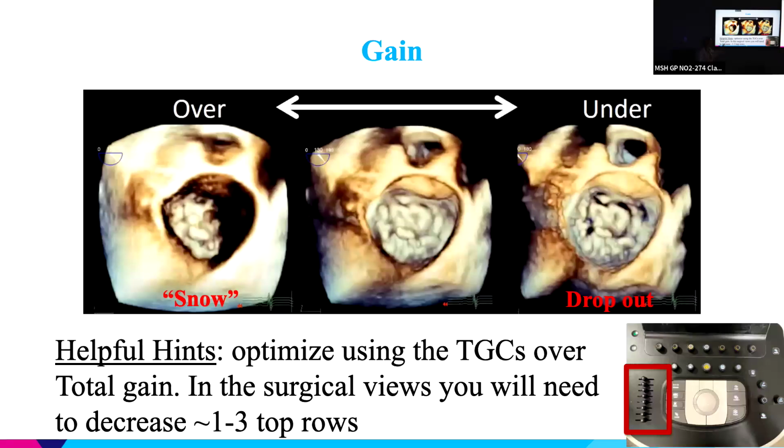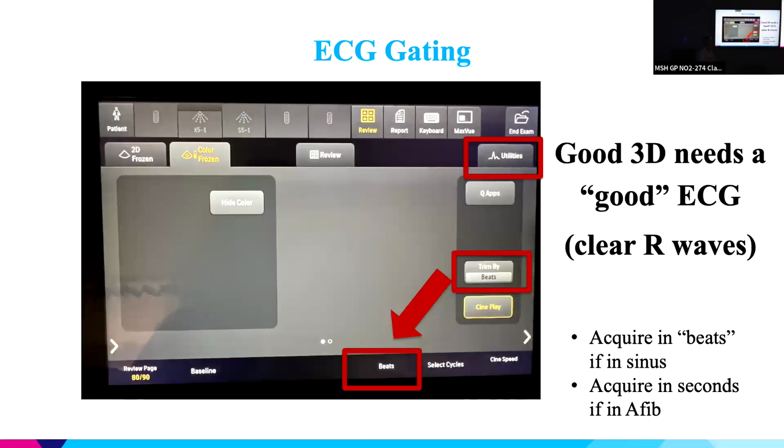So it's that Goldilocks in between that you're aiming for. And if you optimize your image before you go into 3D, you'll minimize the risk of either over or undergaining your image.